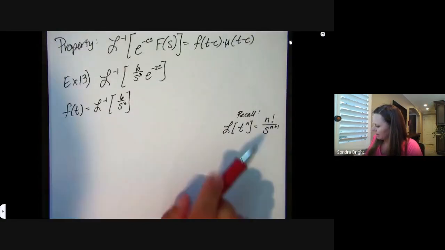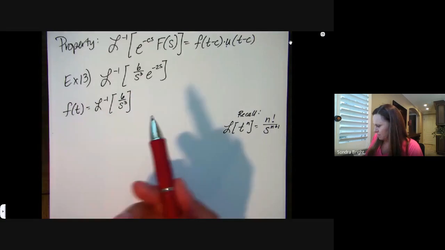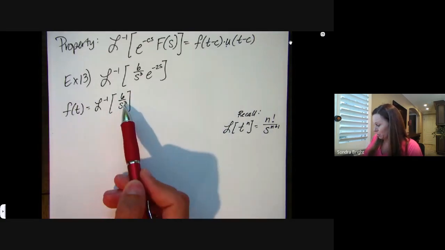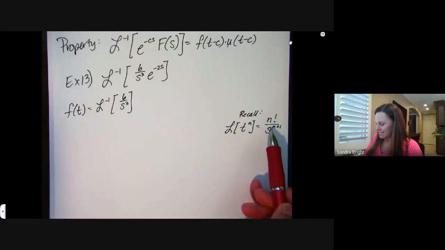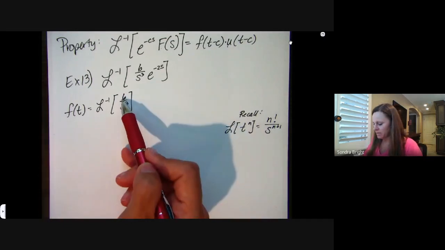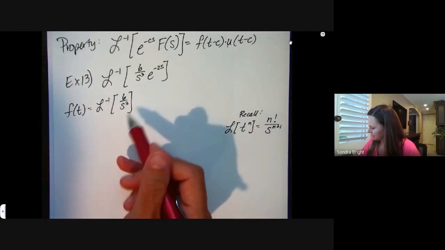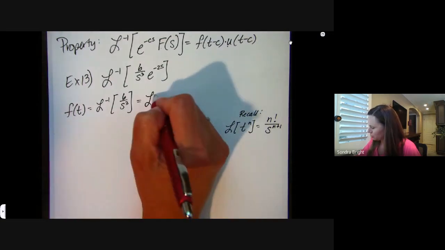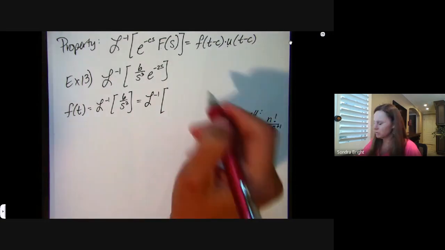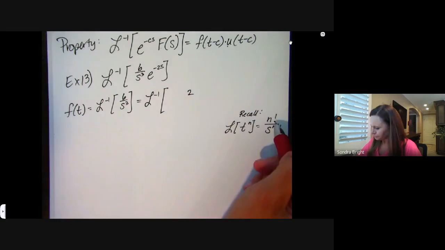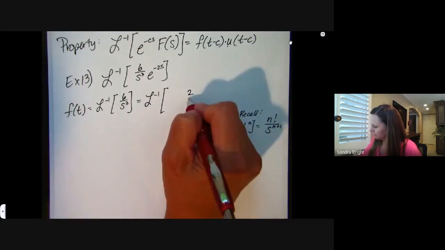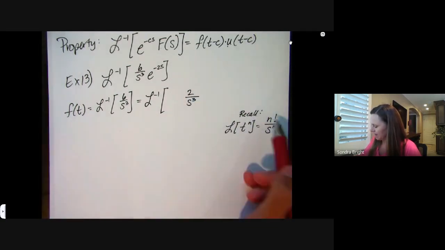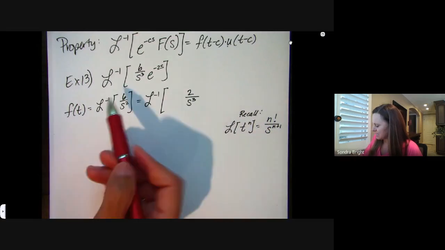So I've got an s cubed there, which makes my n a 2, which means, can I pull a 2 out of there? Well, yeah, sure. This is the inverse Laplace transform of, I need a 2, because 2 factorial is still 2. So 2 over s cubed would fit that pattern. But I need it to be a 6.